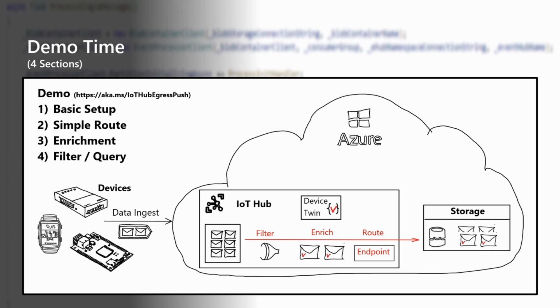And then the last thing what I want to do is I want to show you how you can filter incoming messages and then route the incoming messages based on the filter criteria to a custom endpoint.